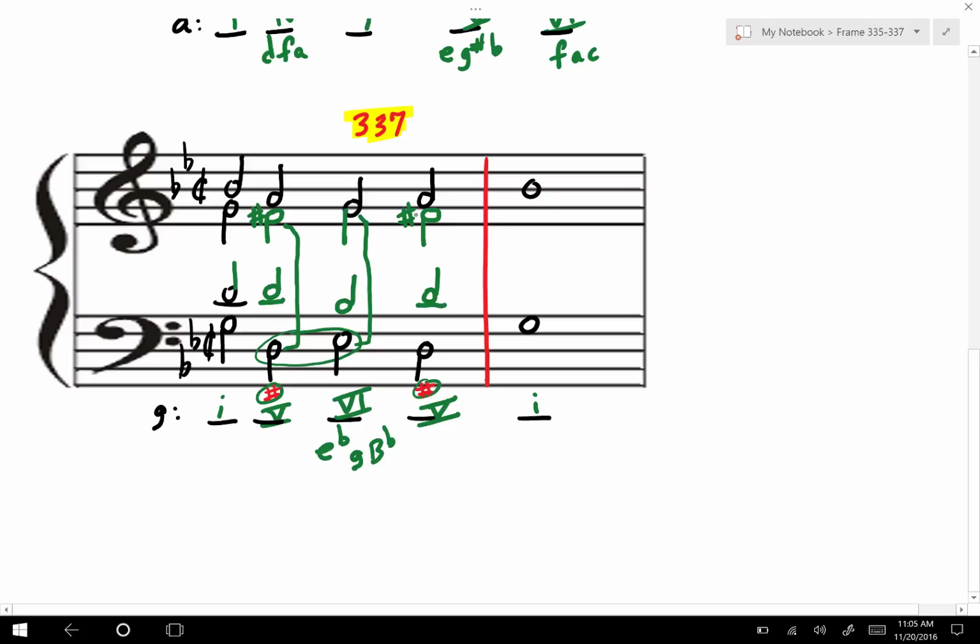And in the last measure, it looks as if we can do a G in the bass, a D in the tenor, and a G in the alto, doubling the root.